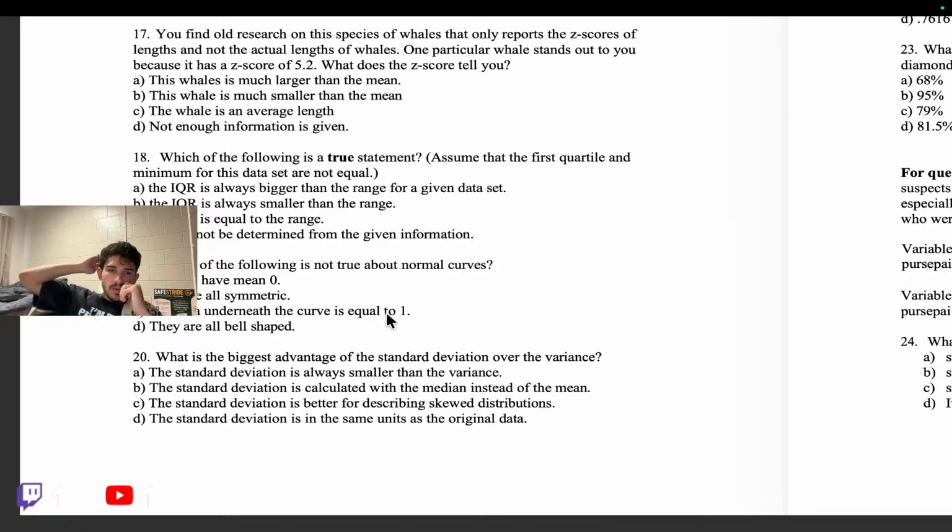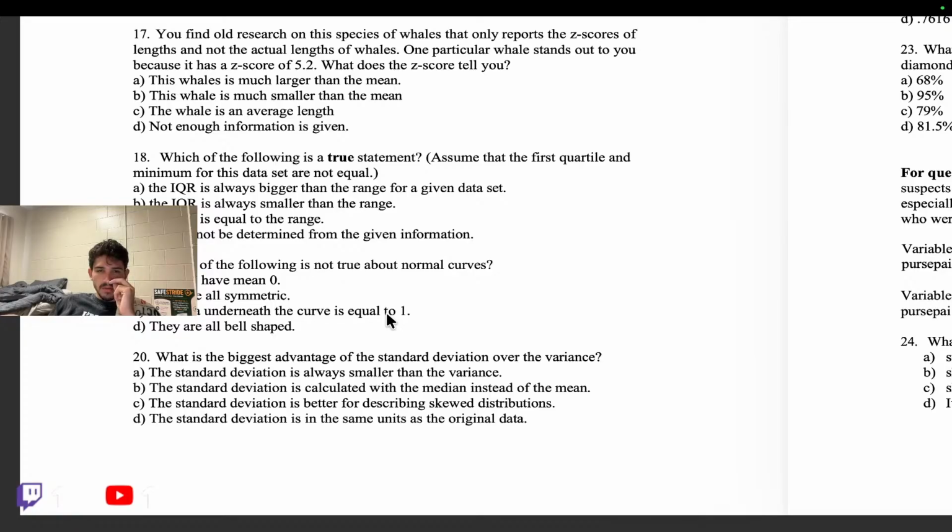20. What is the biggest advantage of the standard deviation over the variance? What is the difference? Standard deviation is always smaller than the variance.